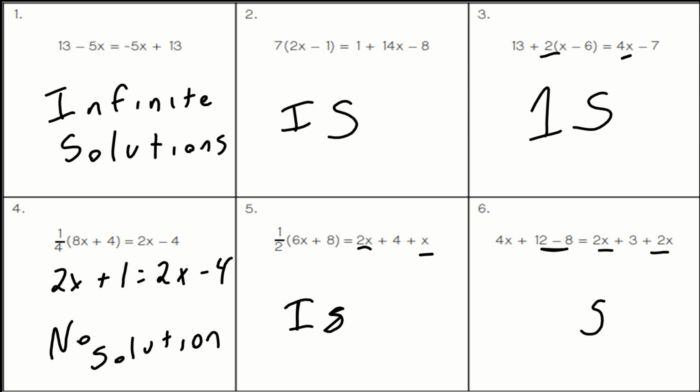I got 4x and a plus 3. So since my coefficients are the same with different constants, that's going to give me no solution. That should have an n. All right. Any questions on any of those 6? In some ways, it's actually easier than what we've been doing because you're just getting how many solutions.